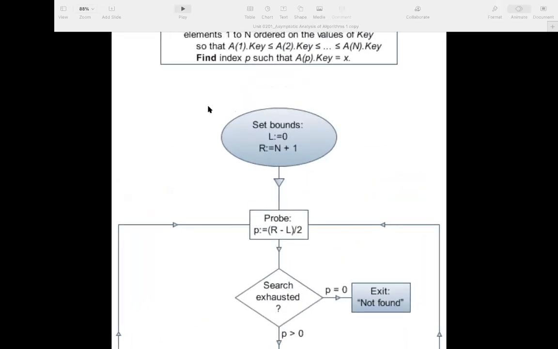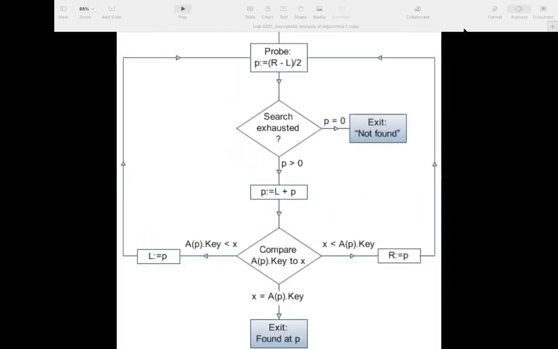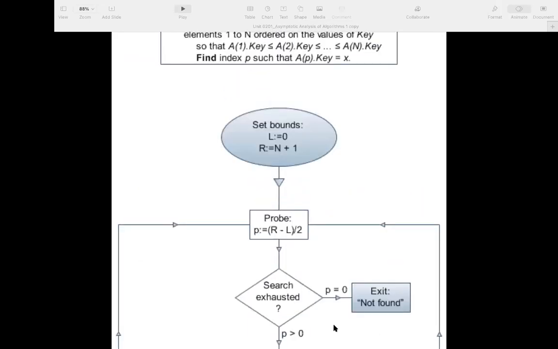We have an array A with an attribute key. Attribute key means the value which is stored at that particular position. We have elements 1 to n ordered on the values of key. So we know that our space is in ascending order.